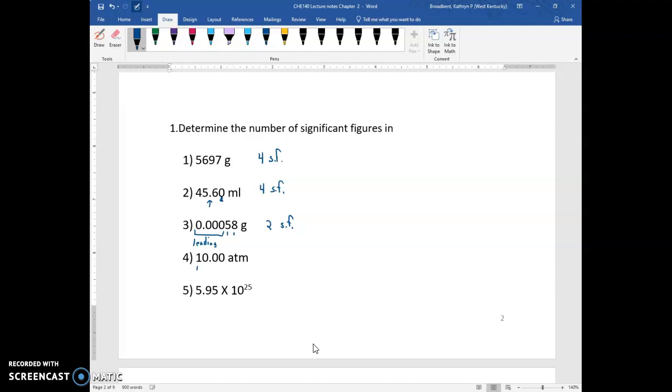Okay, the 1 is definitely significant, and then we've got 3 zeros, but we have a decimal, and because we have a decimal, we want to count those zeros. So this number has 4 significant figures. For scientific notation, we have a coefficient with 3 significant figures, so we would expect our number to have 3 significant figures.